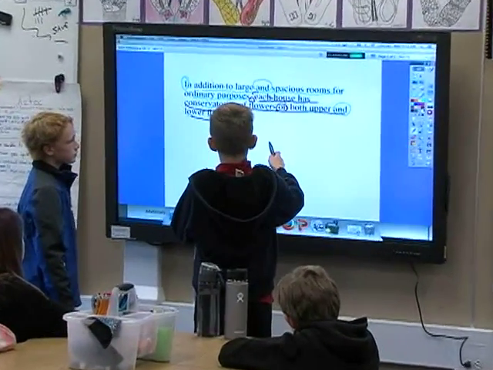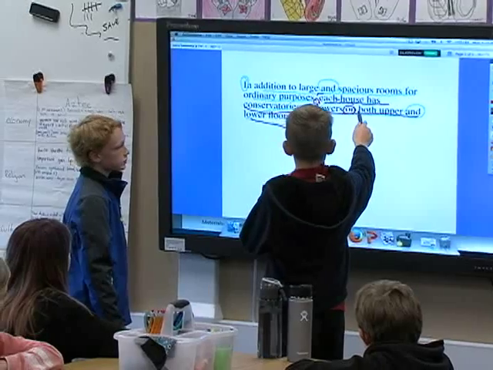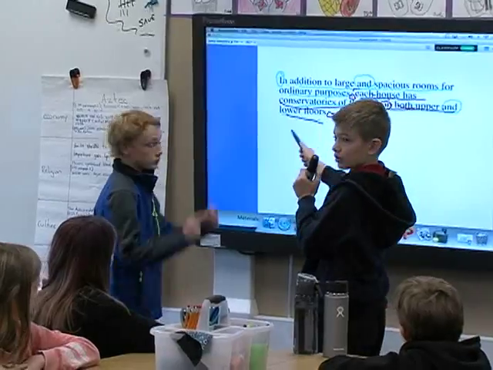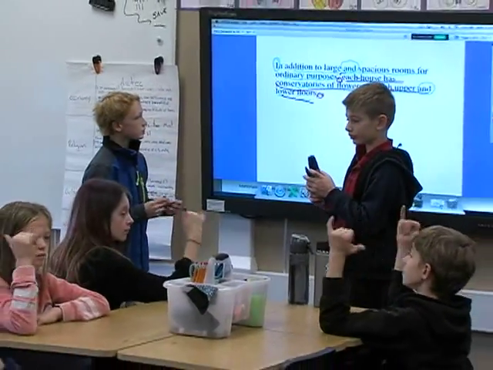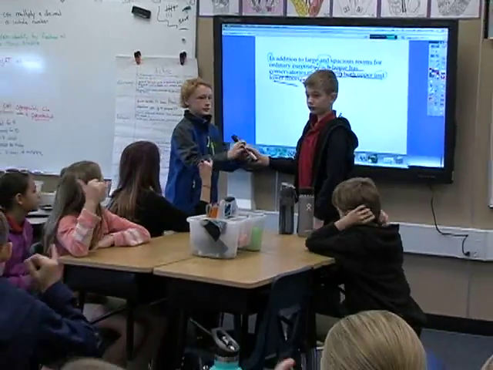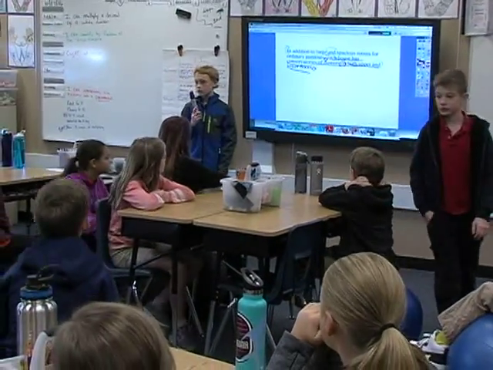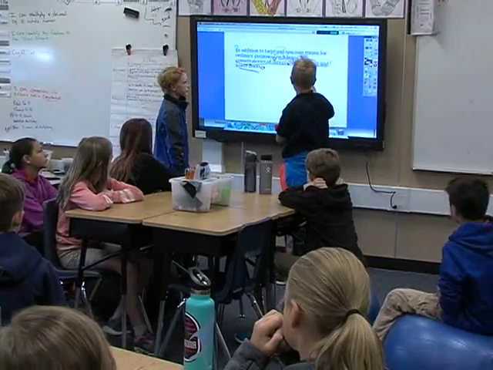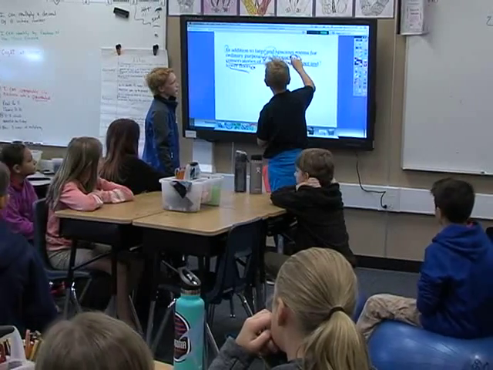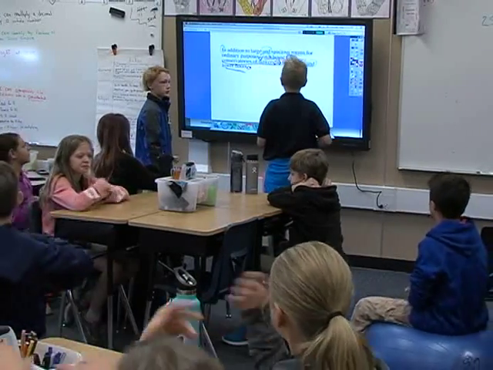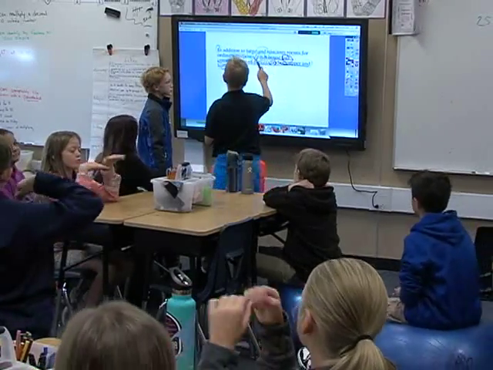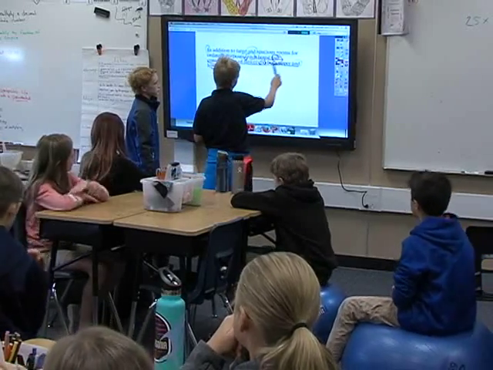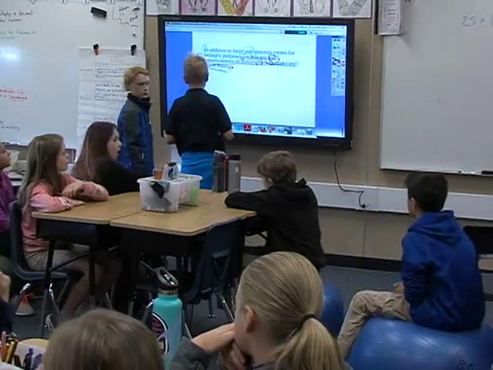I was reading it and I saw that you don't actually need the both because it says it has conservatories of flowers on upper and lower floors. Does anybody notice anything else? Josh? I think has is the linking verb. Cause has is explaining conservatories of flowers on both upper and lower floors.